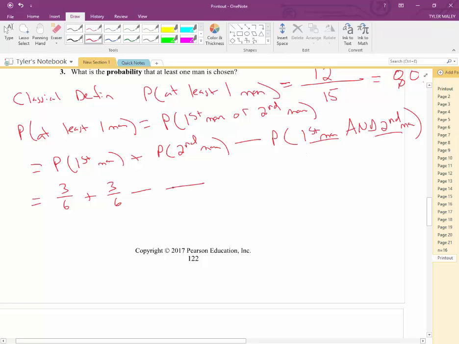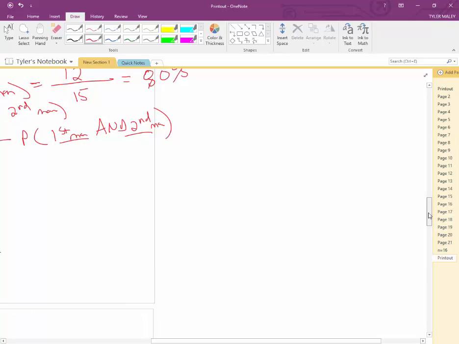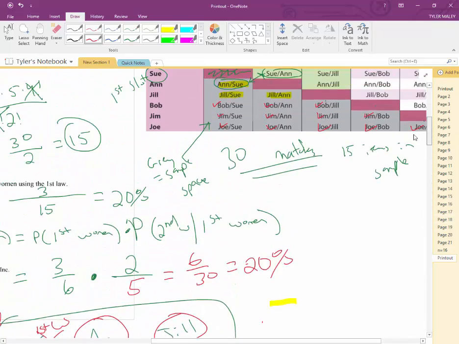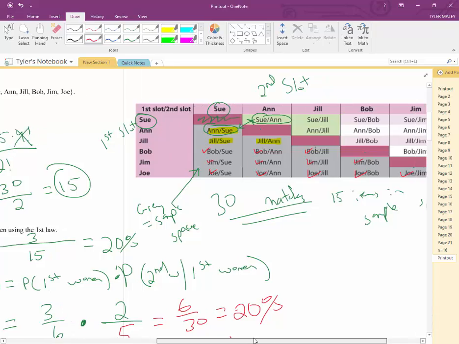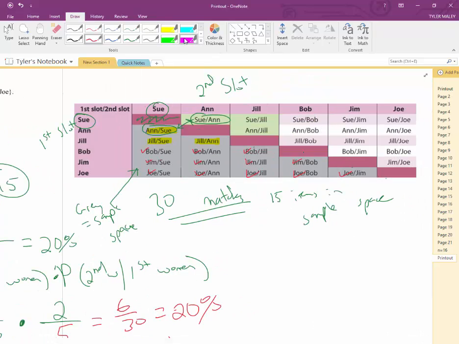From our sample space, there were 15 outcomes possible. If we look back up at the table, there are 3 spots where both are men: Jim and Bob, Joe and Bob, and Joe and Jim.